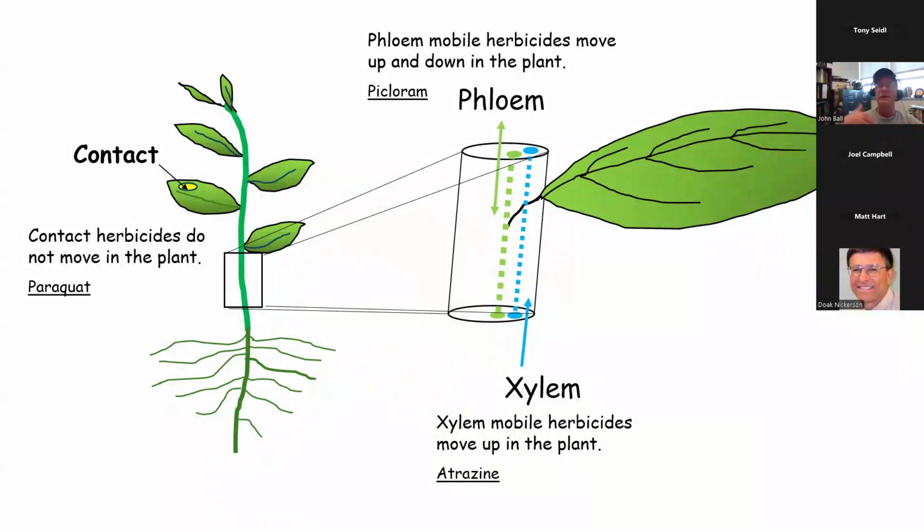That tends to move up and down the plant, toward where the food demand is most, which tends to be the tips. And then there are also xylem mobile herbicides. These move up the plant. They do not move down. So symptom patterns are important to determine what herbicides may have been involved in the injury.